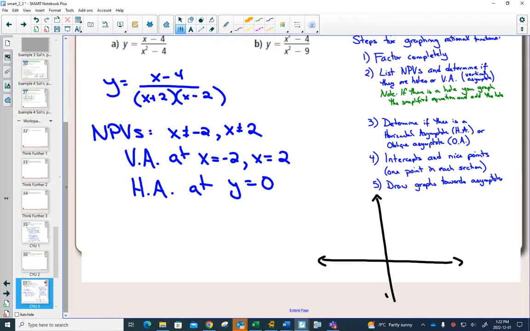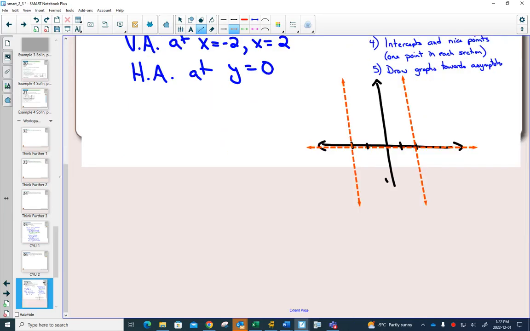So now I can click on the pen and draw a dotted line straight. So we label our asymptotes: y equals 0, x equals negative 2, x equals 2.